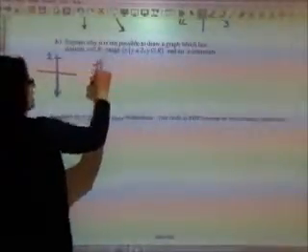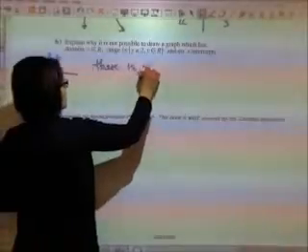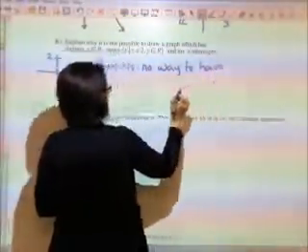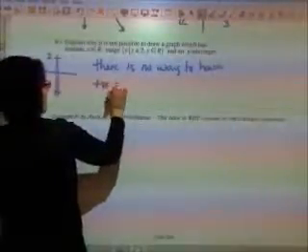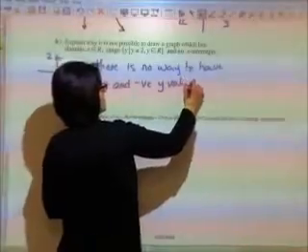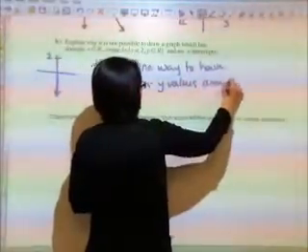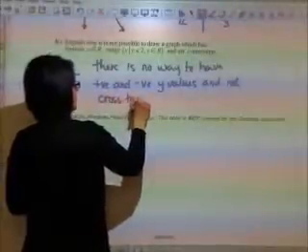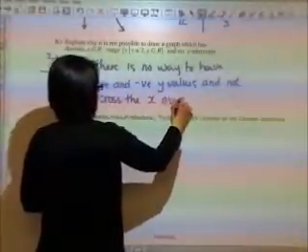So there is no way to have positive and negative y values and not cross the x-axis.